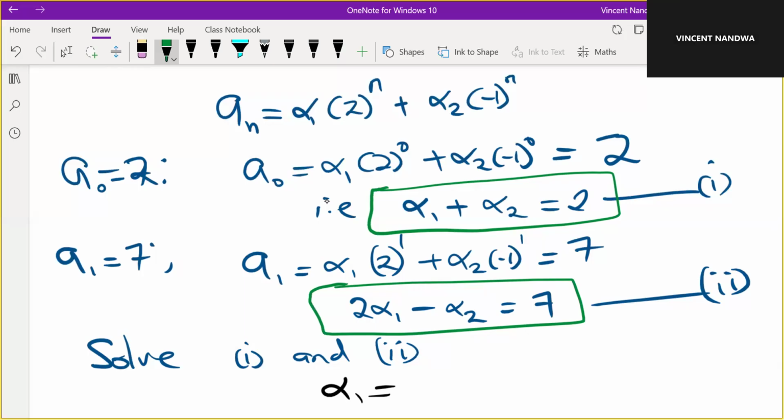Alpha 2 is 1? Not really. This may be the only question you can answer in the exam, so ensure that you give it your best. What is alpha 1? And what is alpha 2?